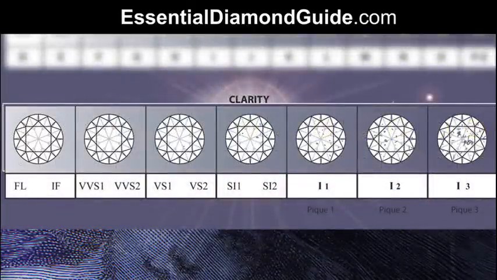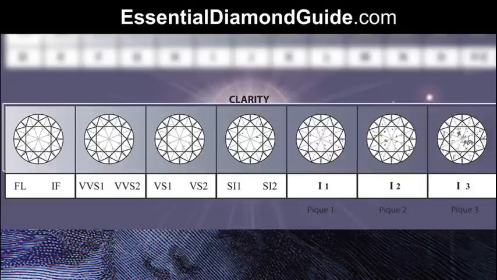Alright, so next we move on to clarity. Now clarity is graded in the following way. Your highest clarity of all is flawless, then internally flawless, then VVS1, VVS2, VS1, VS2, SI1, SI2, I1, I2, I3.